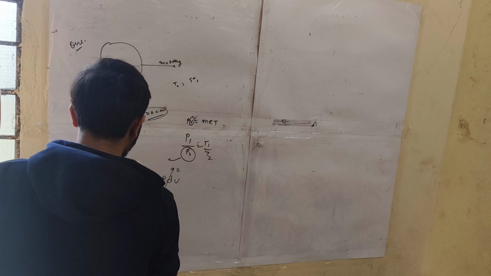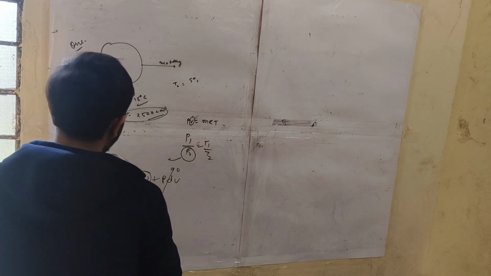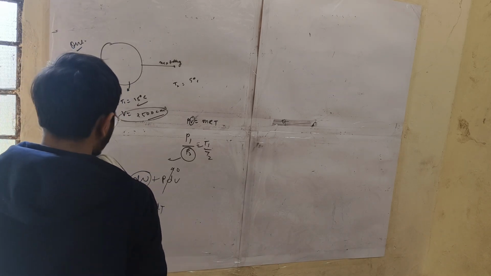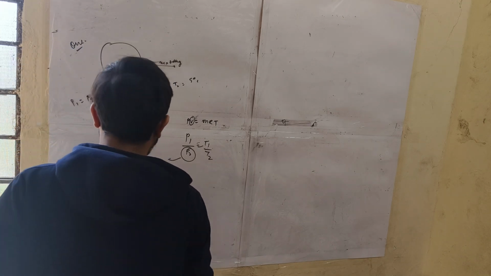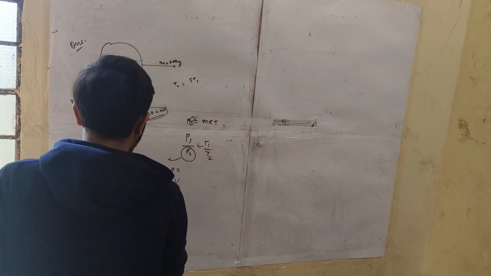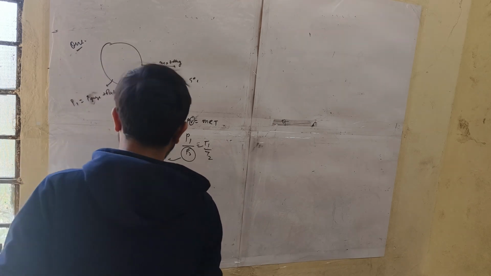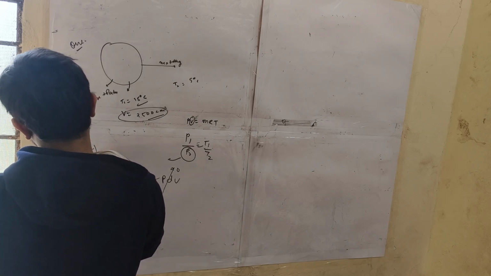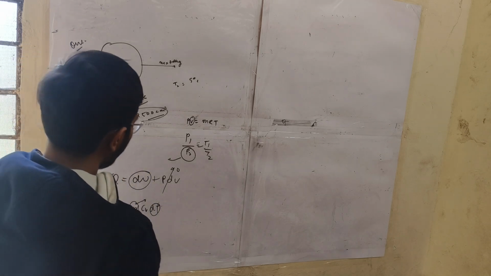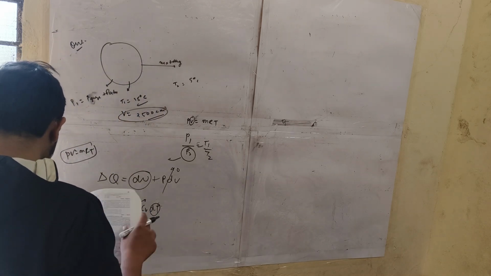One term remains, dU, which you can write as m Cv delta T. First we have to find the mass of this system, and by using PV equals mRT you can find the mass. Cv is given in the question, I think.